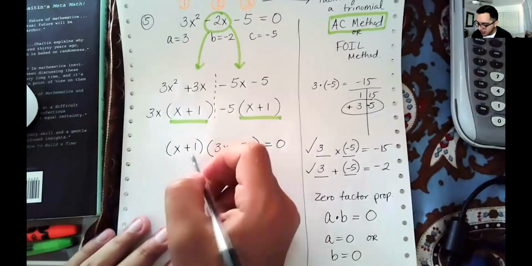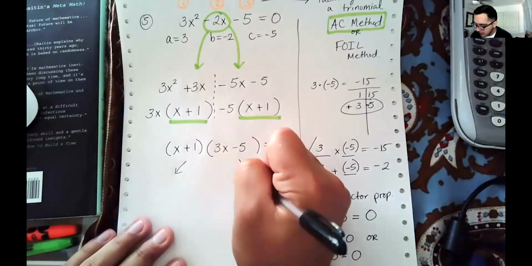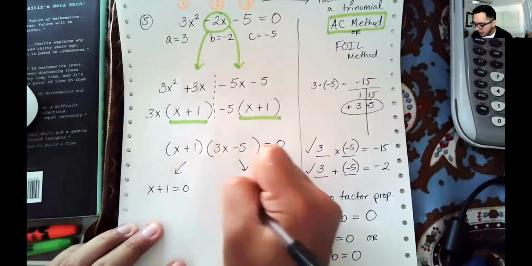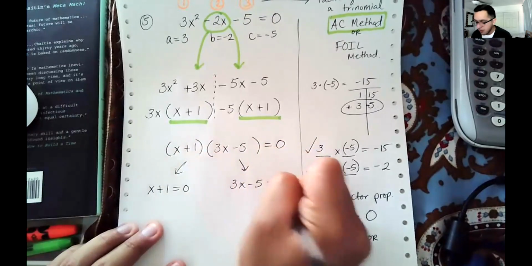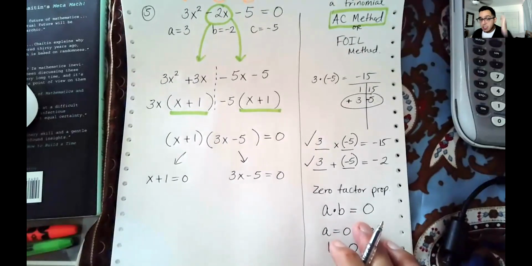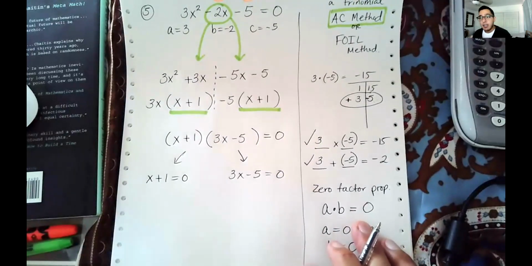So what we'll just do is set each of these factors, x plus 1 is equal to 0, and 3x minus 5 is equal to 0. And then all we have to do is solve these equations, and then we'll have our values for x. We'll have our solution set.